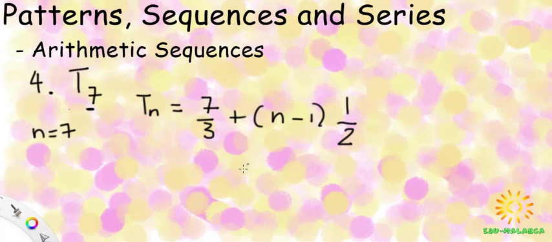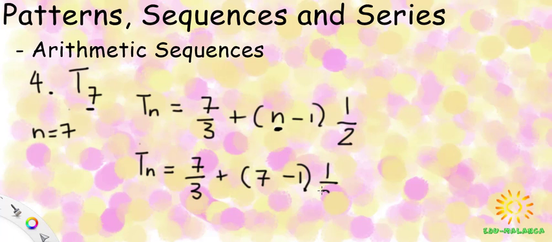In order to determine the 7th term of this sequence, we substitute 7 anywhere we see n. So this equation will become Tn is equal to 7 over 3 plus 7 minus 1 times 1 over 2.